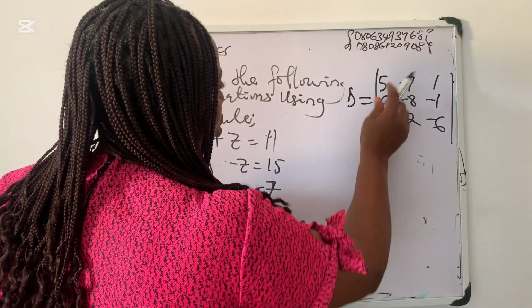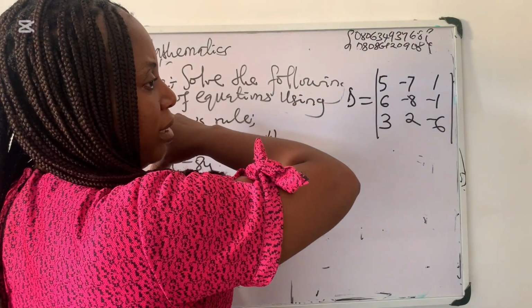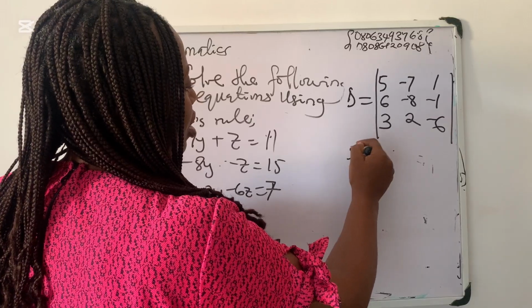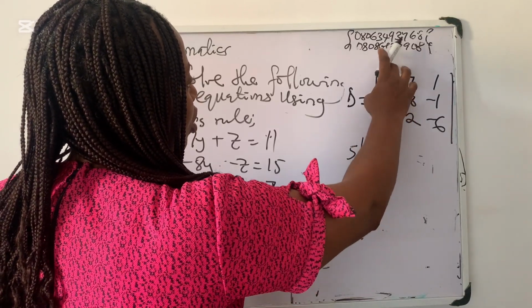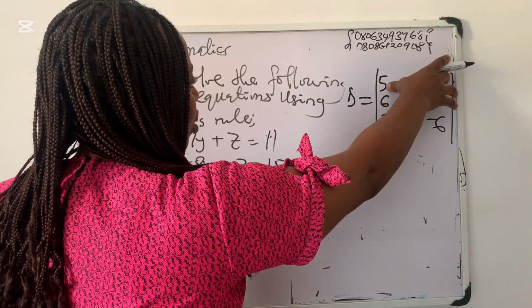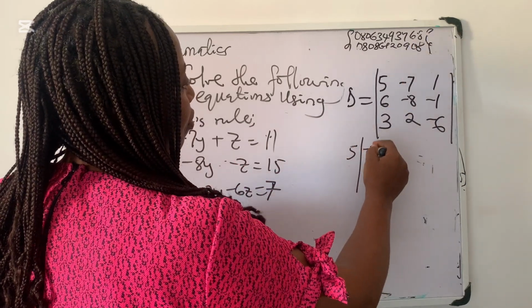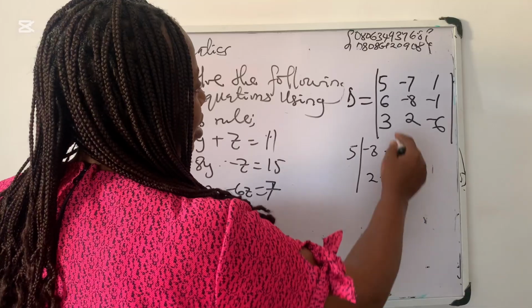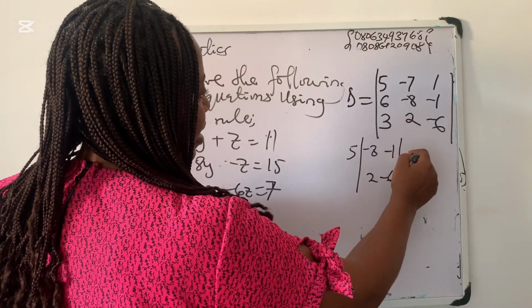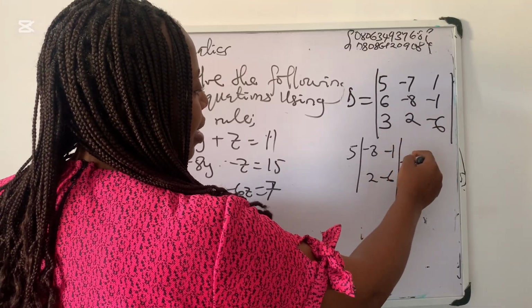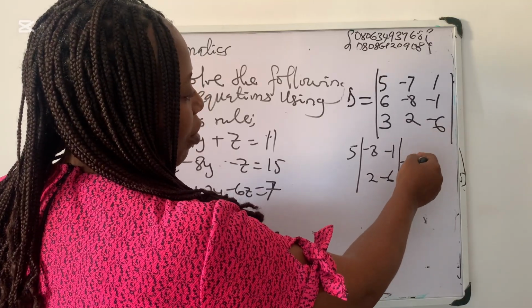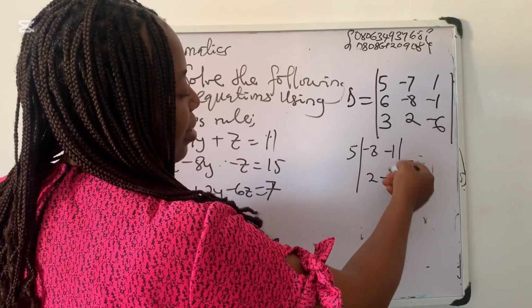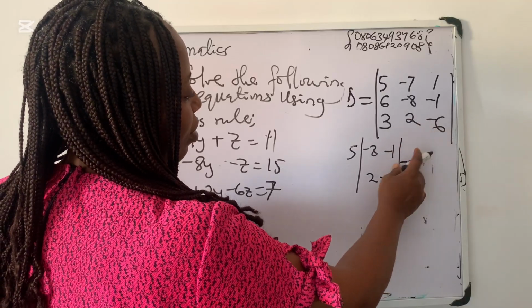Now, just as I taught in the determinant of a matrix, you pick the first number, which is 5. You don't touch anything on this column. You don't touch anything on this row. You have minus 8, minus 1, 2, minus 6. The next one, remember the standard, minus, plus, minus. It then means here will automatically become what? Plus, because minus times minus is what?